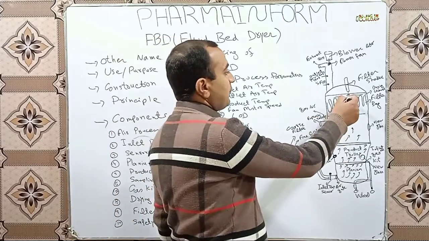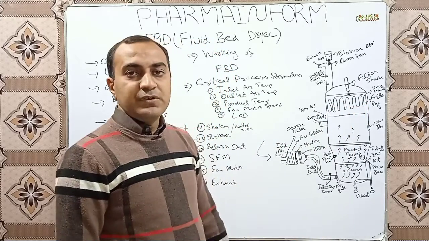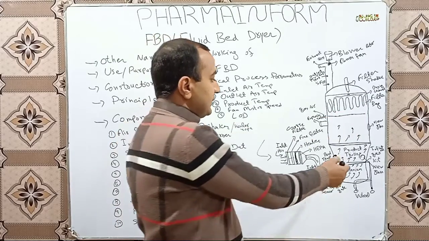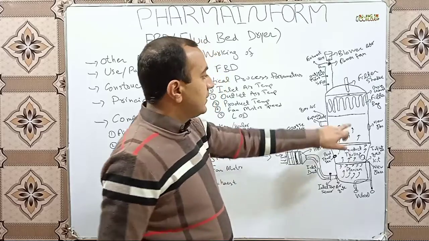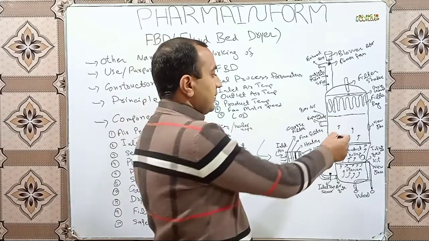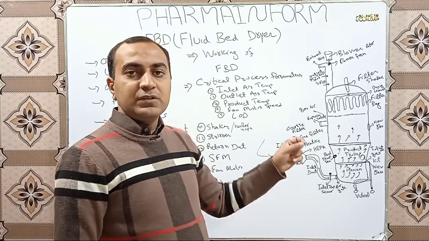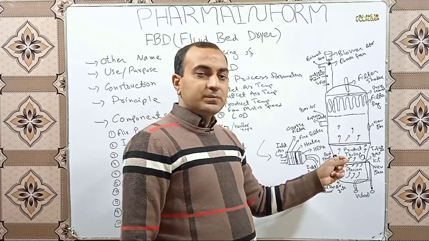On the top of the drying chamber we have installed our filters, which may be of SS or finger bags. So when this air pulls our product upward in the drying chamber, this results in fluidization, and in this portion air directly comes in contact with each particle and granule and takes the moisture.